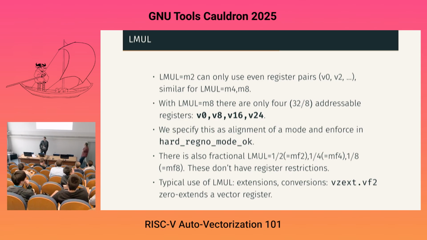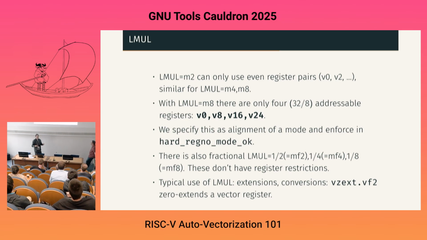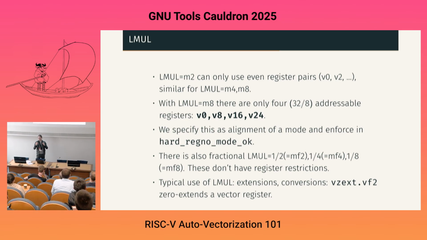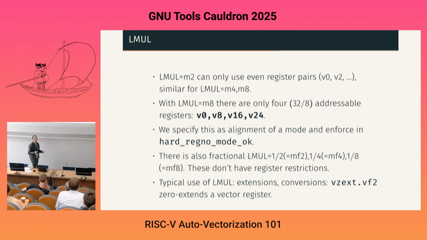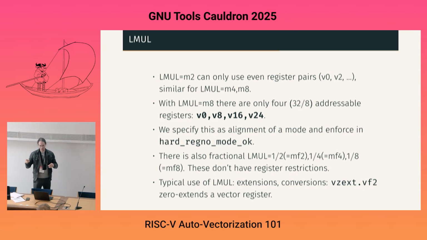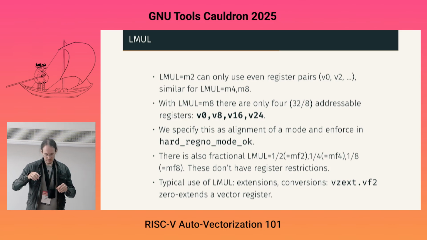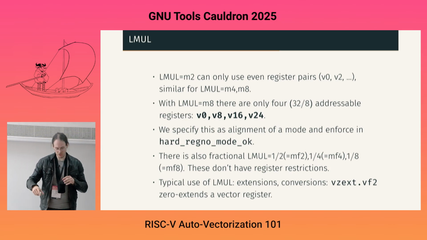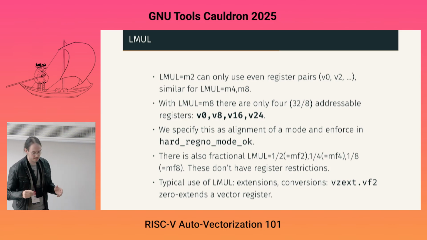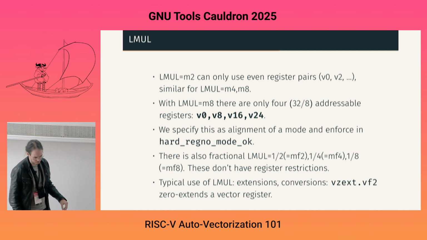As an internal note, we specify this alignment of a mode via some additional function and enforce it in hard regno mode OK. So if a mode hits hard regno mode OK, this is like a hook, and we see the actual register doesn't match the alignment that LMUL needs, we disagree and just say no, give me another one.